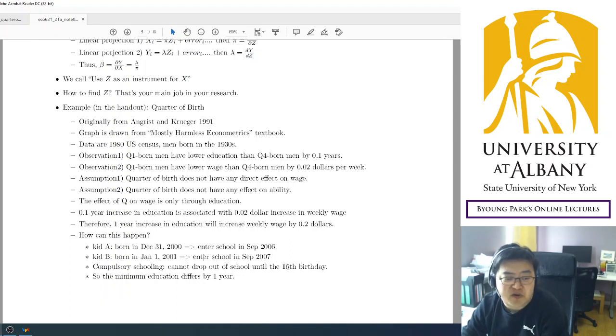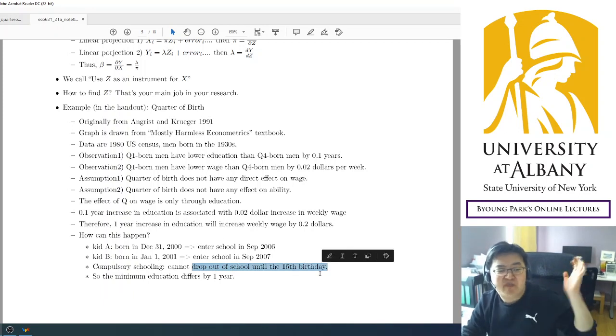So think about this. The entrance year differs by 1, but the mandatory schooling end point is the dropout date.